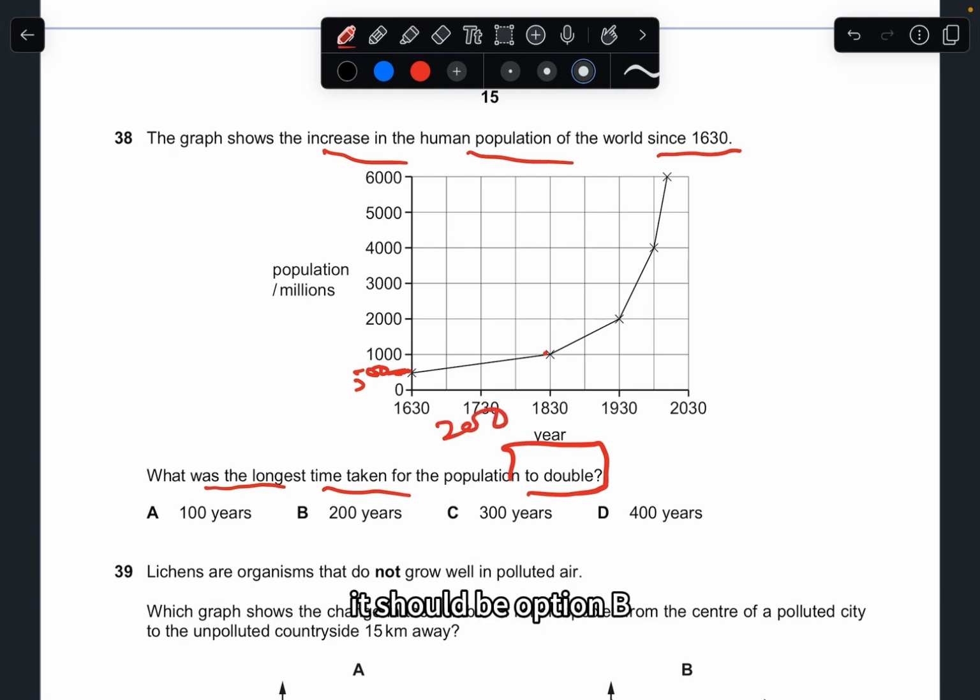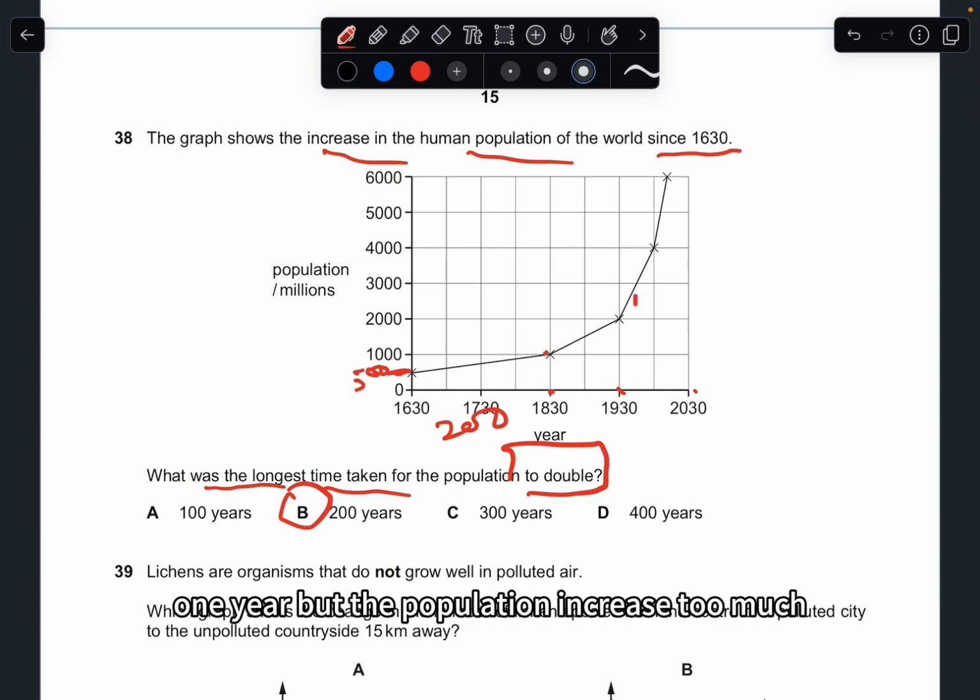So it should be option B, because if you see D, 400 years is not 200 years, because from here to here is 100. 1930 to 2030 is also 100 years, but the population increases too much.